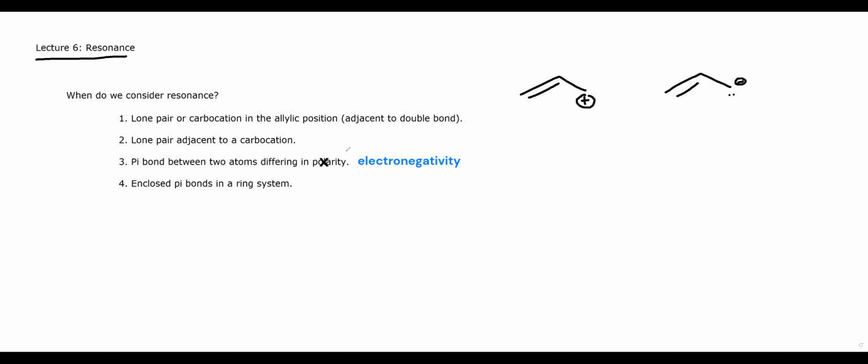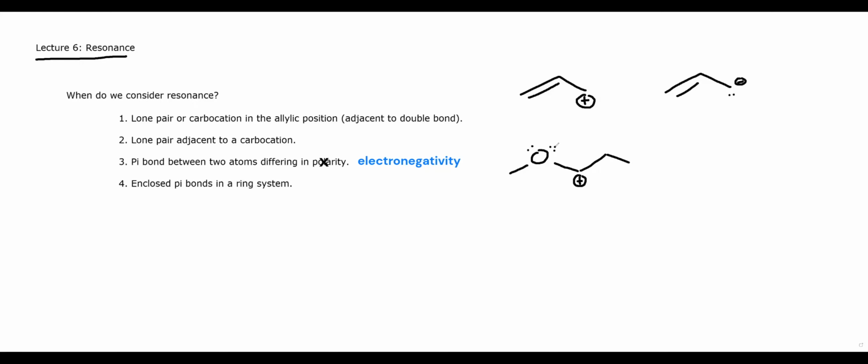A lone pair adjacent to a carbocation, so something like this could be if we have just oxygen. Simple structure like this. If we had a positive charge adjacent to a lone pair, what would be a resonance structure we could draw?